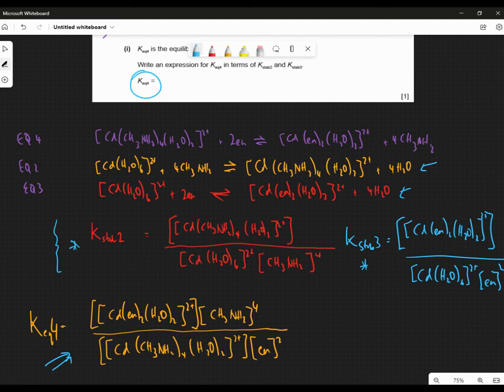Now, Lesanani asked an interesting question. She says, why don't we negative it? It's only negative when it's a vector value. Enthalpy changes are vector values, and therefore reversing it will reverse the sign, because the energy direction is in a different way. If it's exothermic one way, it must be endothermic the other way. And we show that by changing the sign. But these are simply ratios of concentrations.